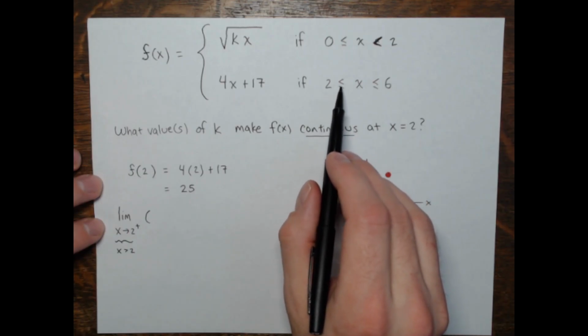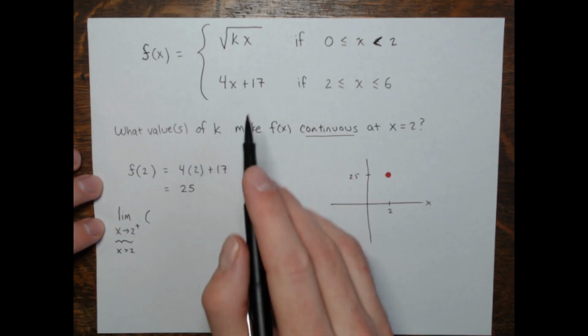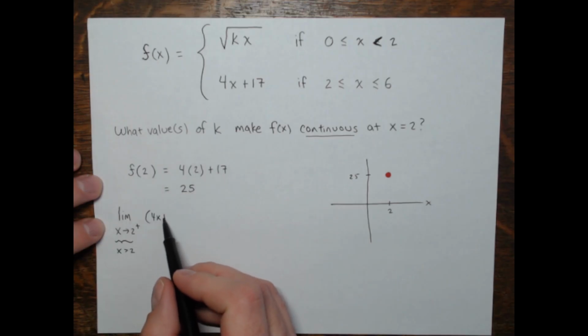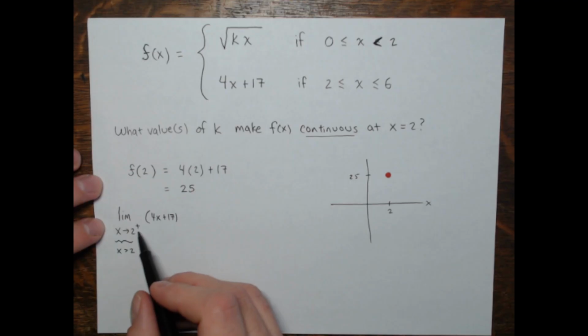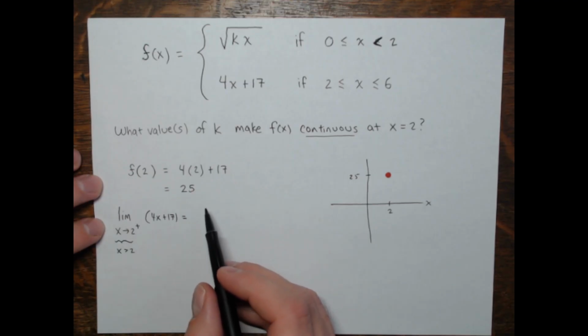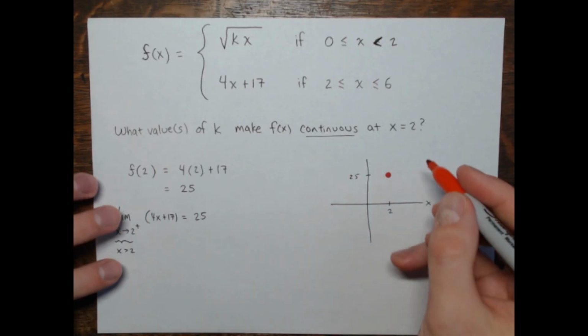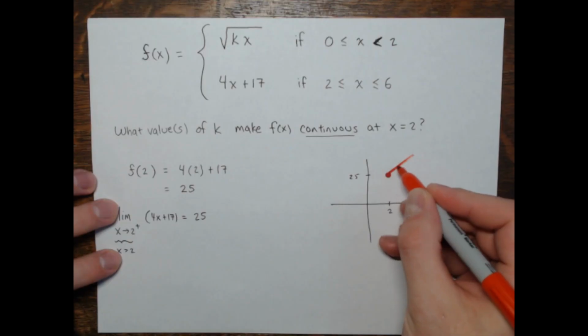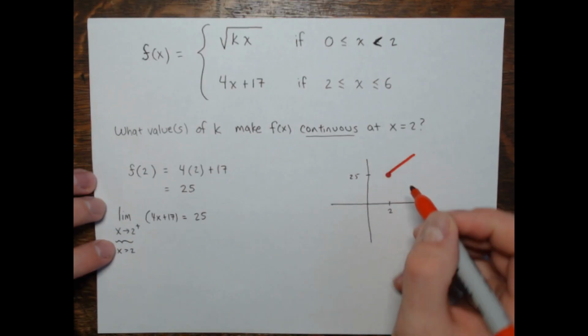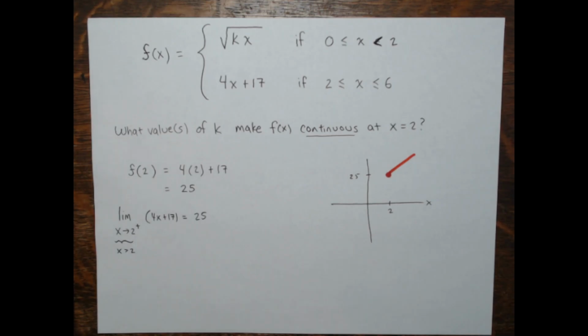That's in this piece here, right? We're greater than 2, bigger than 2, so I'm going into 4x plus 17. And it's one of those where I could just do a direct substitution and apply the limit laws and get 25 here. So I know that, on the right side, the graph is approaching my location.